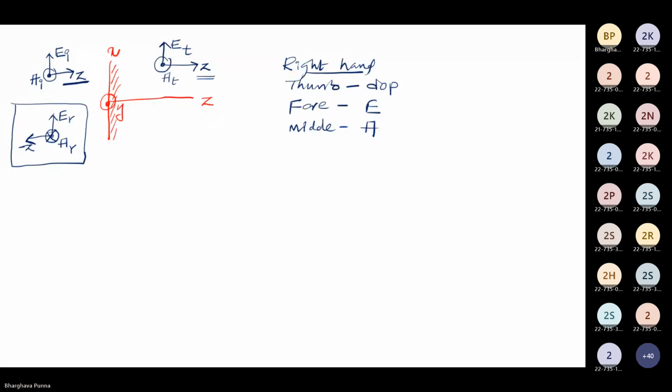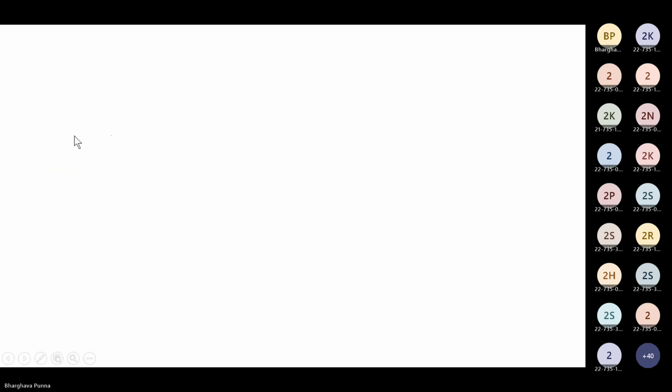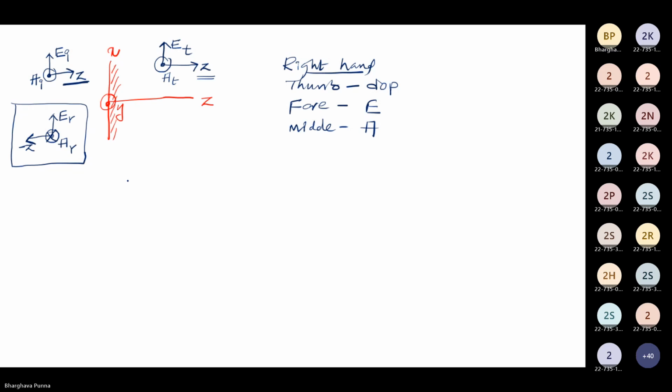Okay, next. In this way, we have to draw the diagram carefully. Then the equations. Boundary conditions we know, and we are assuming that there is no surface charge density and no surface current density, so that the tangential components will be equal.